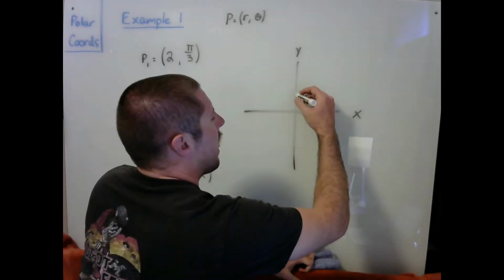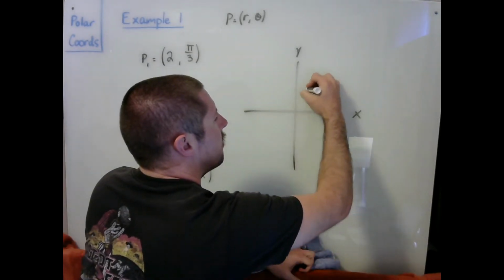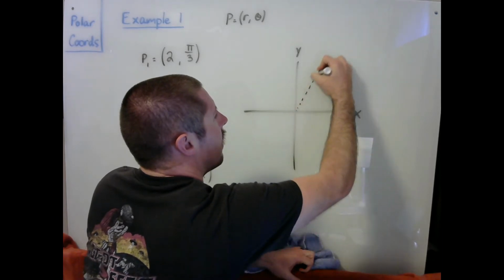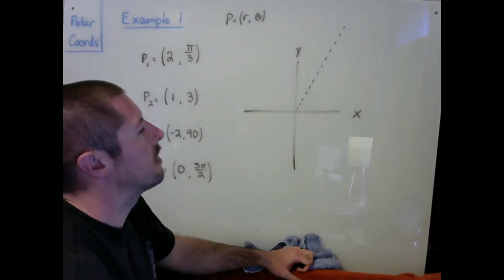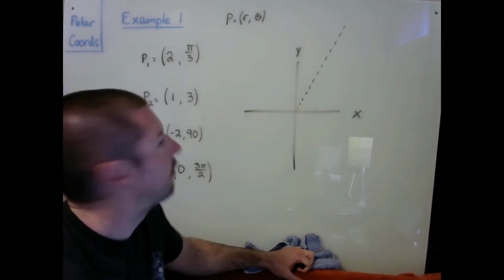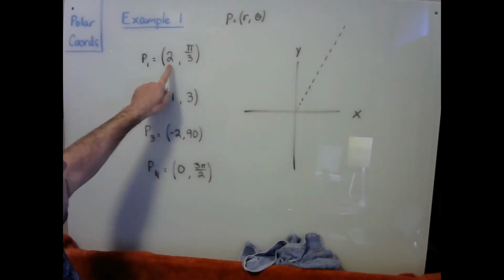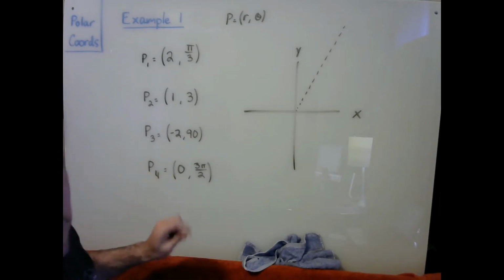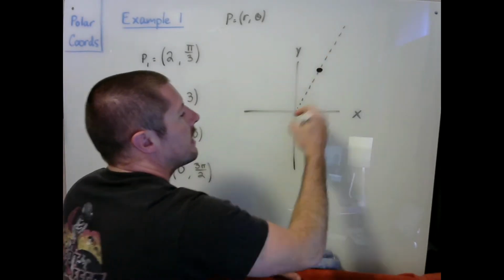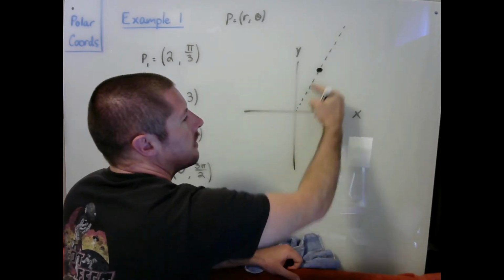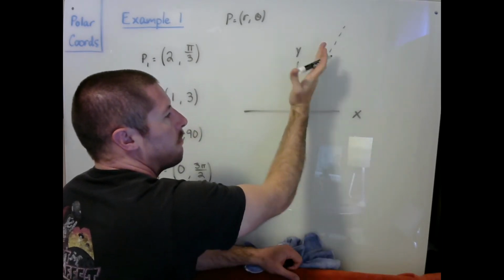So I know that pi/3 is going to be our angle out here. And I'm thinking to myself, I would like to travel 2 units along this line. Now, I'm not putting any numbers on my graph right now. I guess what I'm going to try and do is at least make them relative to each other. I'm going to make them appropriate distances out here. But this should be a distance of 2 units in the angle of pi/3 right there.